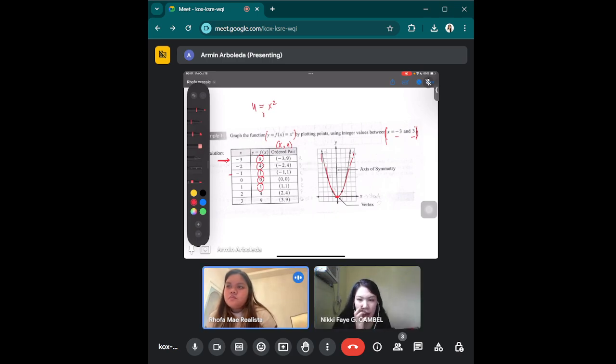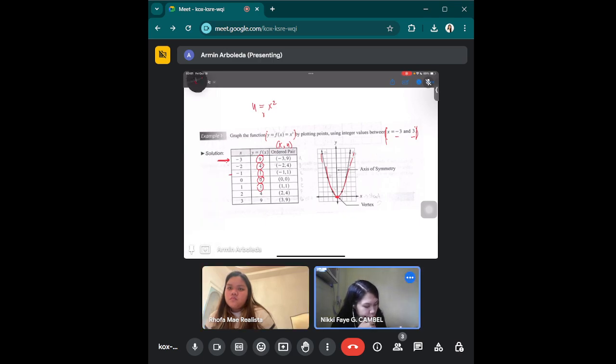Okay. And we also have the domain and the range. What do you know about the domain and the range? The x, real numbers, or... So it's like x and y. So the domain is all your x and your y.